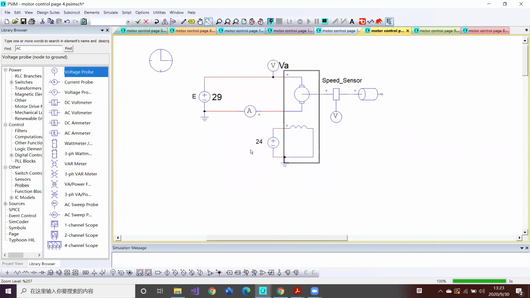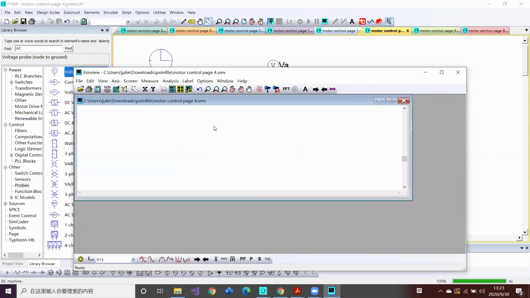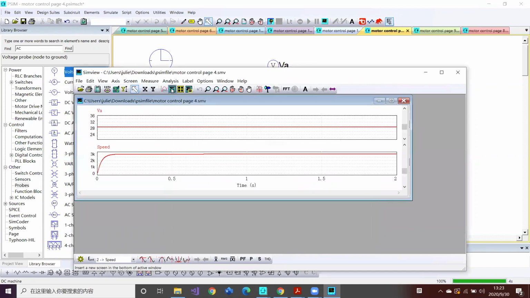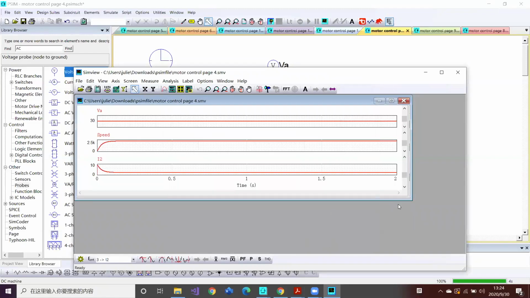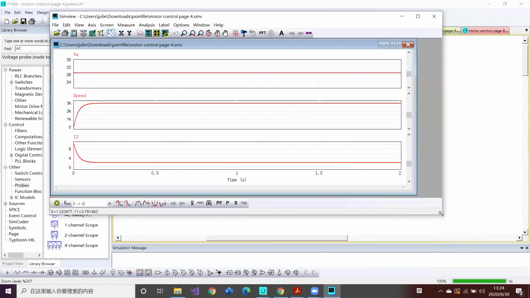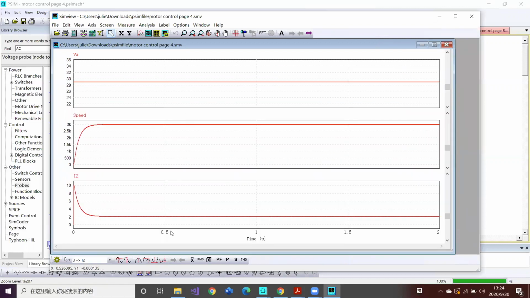After you finish all this, click run simulation, and plot out your VA and so on. What you should get is these three waveforms.